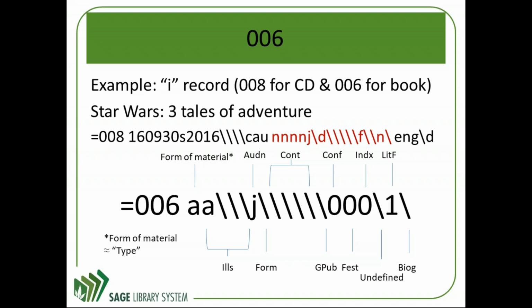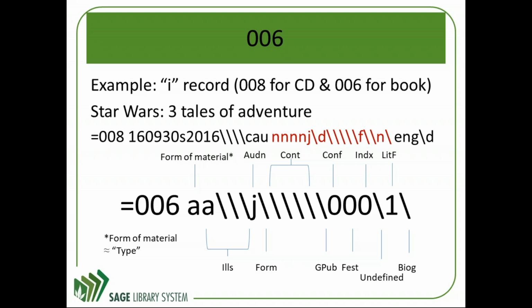That's followed by positions 01 through 04 for illustrations. We can see here that there's an A in that first position, so that means that there are illustrations in this book, or in this read along.